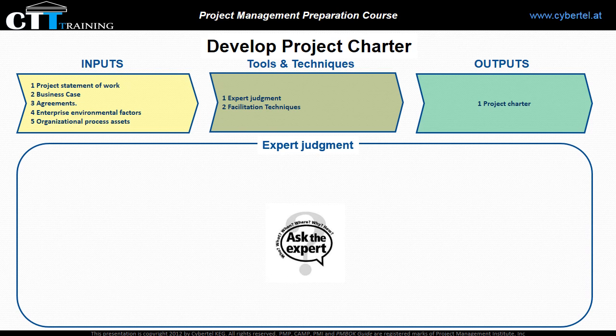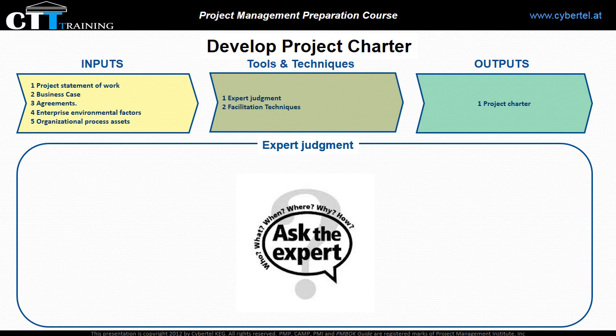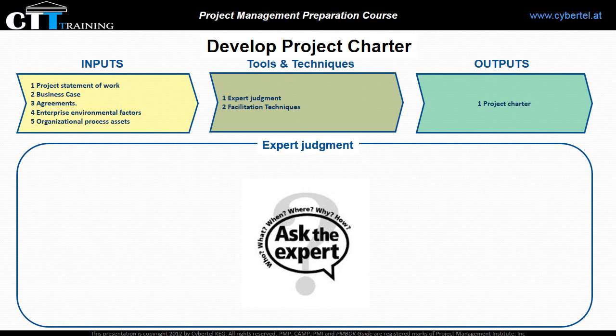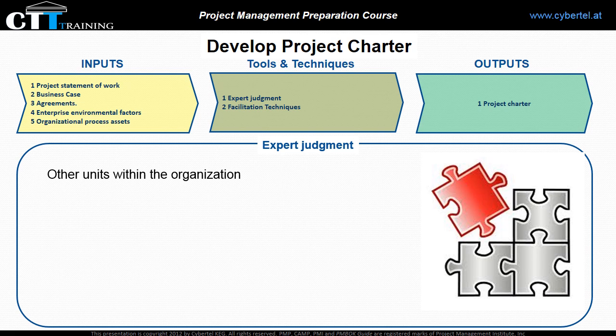You will most likely need the help from an experienced person or entity, such as other units within the organization. You need the help from the technical department to collect the description of the product, service, or result. In one word, you can say deliverables.